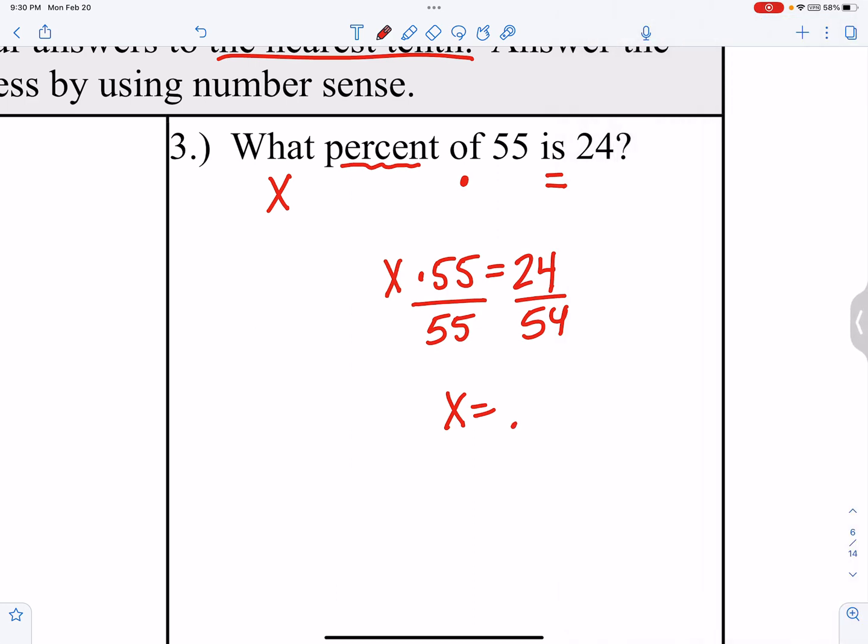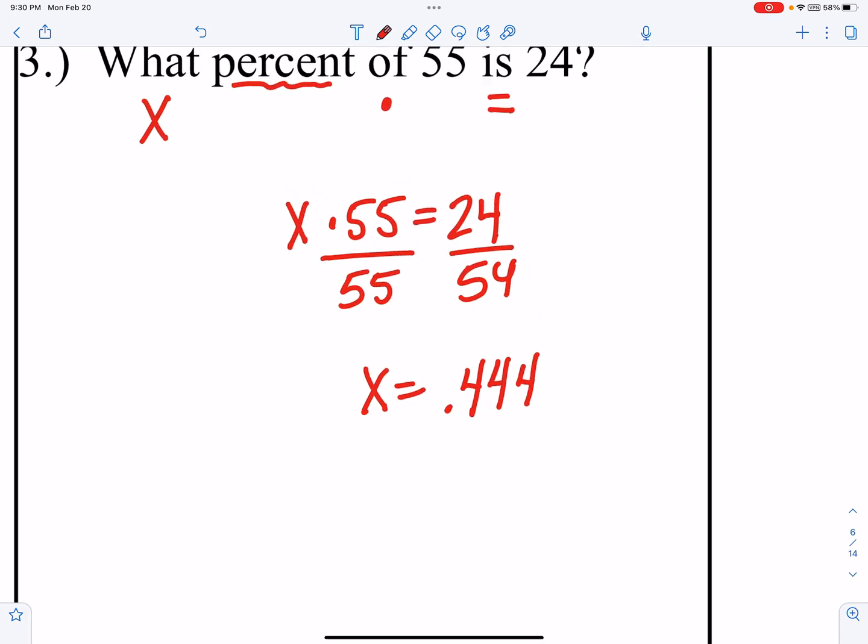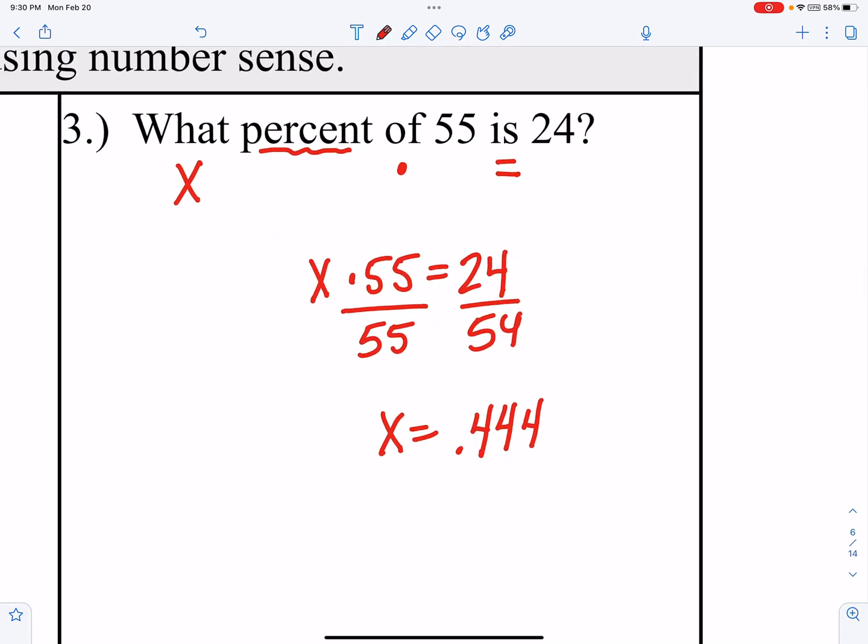Here's what I need you to remember: this is currently in decimal form. There's no percent symbol, so we need to represent it as a percent. We're going to multiply by 100 by moving the decimal place 2 spots to the right.